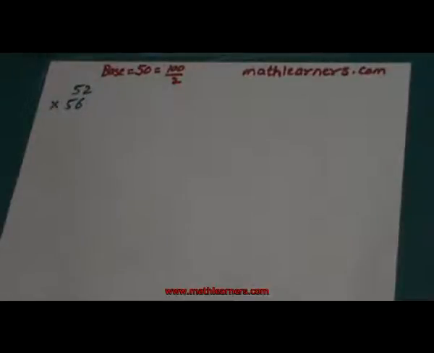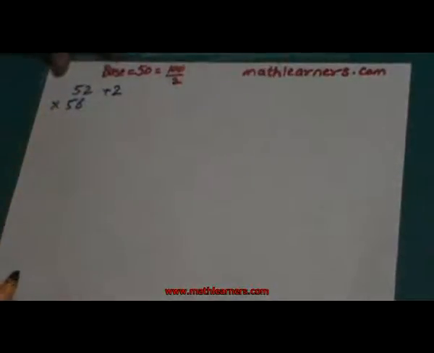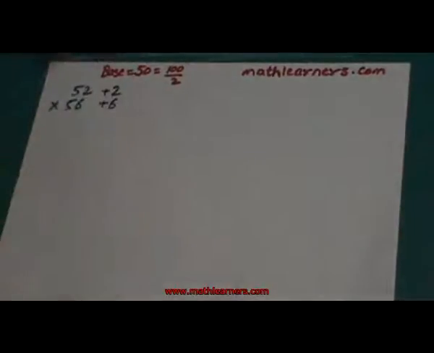Like that of Nikilam Sutra, 52 is 2 more than 50, so we can write this as plus 2, and 56 is plus 6 more than that of 50, so that can be written as plus 6. Cross addition gives 58 and multiplication of right hand side gives 12.